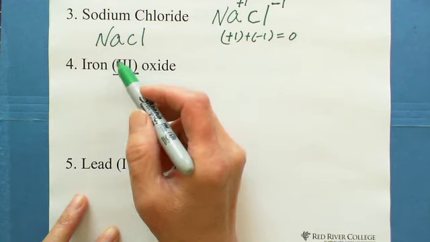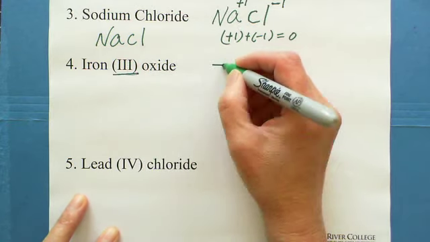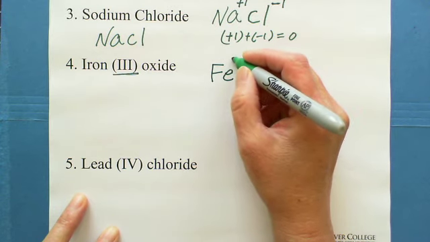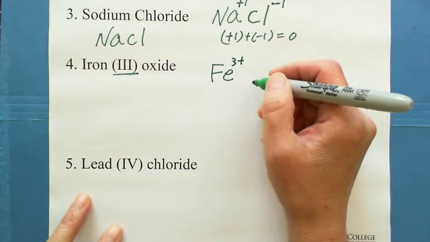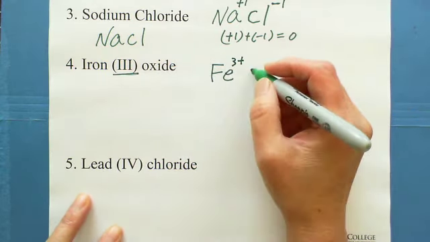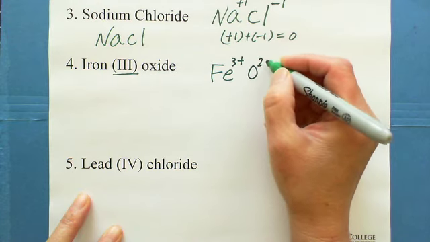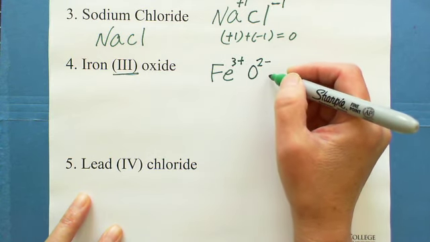This is positive 3. So we can write Fe with positive 3. Sometimes we write 3 positive or positive 3, it doesn't matter, as long as you understand. Oxygen, write 2 negative. Oxygen as an ion is always negative, okay?